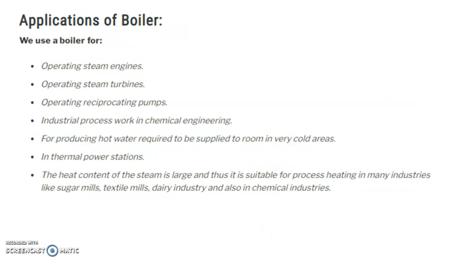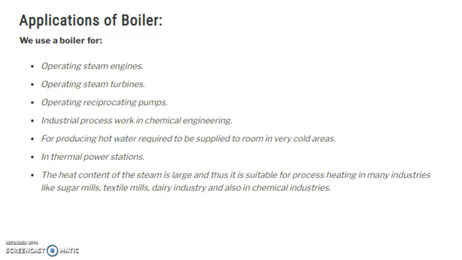What are the applications of these particular boilers? A boiler is used for operating steam engines, steam turbines, reciprocating pumps, industrial process work in chemical engineering, for producing hot water to be supplied to rooms in very cold areas, and in thermal power stations. And the last one, the heat content of the steam is large and thus it is suitable for process heating in many industries like sugar industries, textile mills, dairy industries, and also chemical industries.